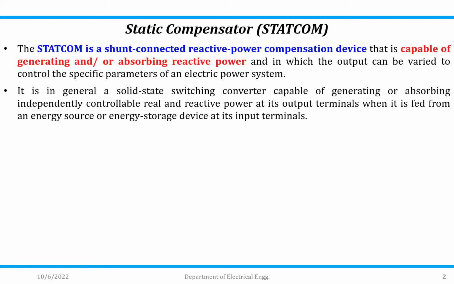It is in general a solid state switching converter which is capable of generating or absorbing independently controllable real and reactive power at its output terminals, where it is fed from an energy source or energy storage device at its input terminal.